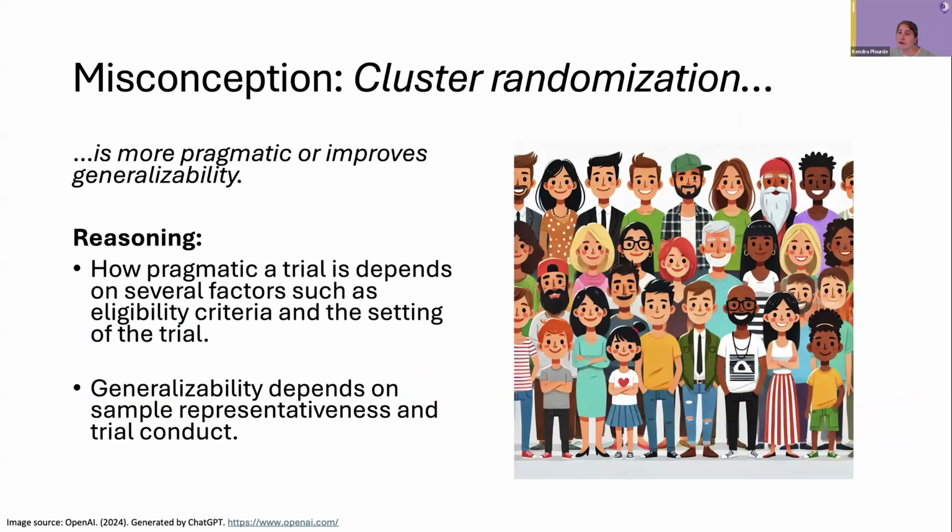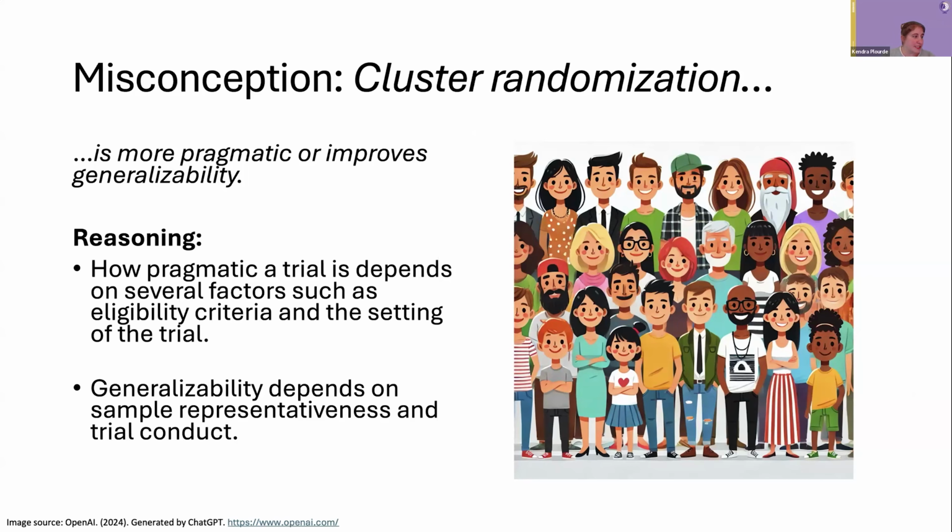So I'm going to go through a lot of the misconceptions of when a cluster randomized trial is necessary. One misconception that we commonly see in the literature for why cluster randomization is needed is that cluster randomization is more pragmatic or improves generalizability. Pragmatism really depends on several factors, and it does not depend on the unit of randomization.